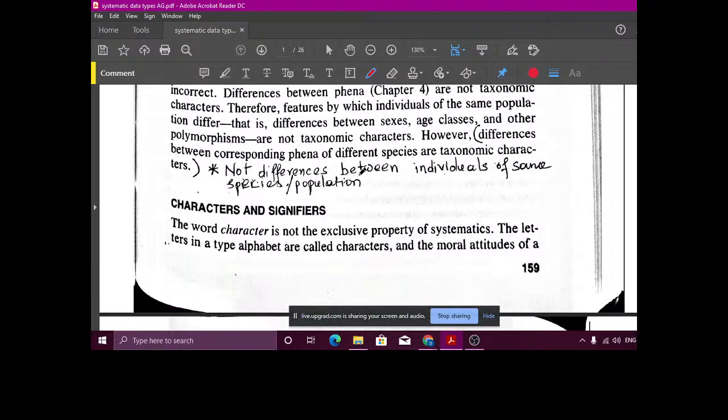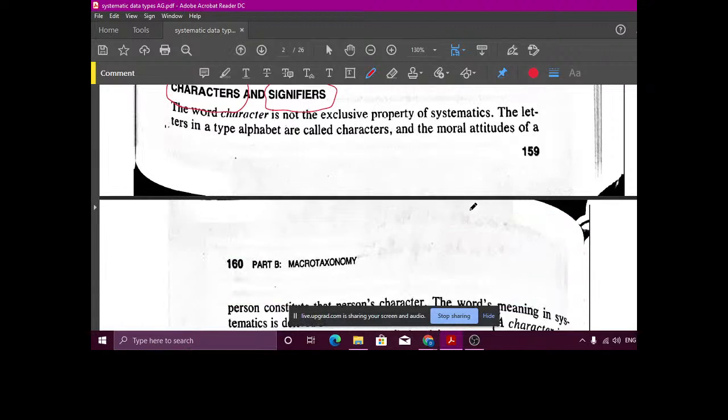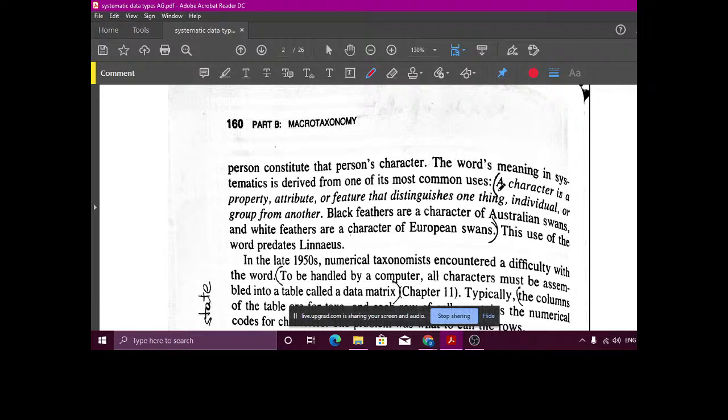Now there is another term that has come up, known as signifiers. What is the difference between that and characters, and what is the problem if you use it as a character? So a character is a property, attribute or feature that distinguishes one thing, individual or group from another.